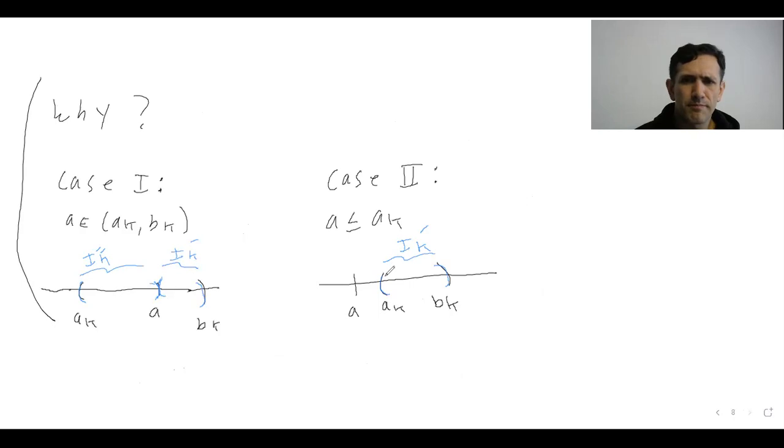So the length of IK prime is BK minus AK. The length of IK double prime is 0. Third case is basically the same.